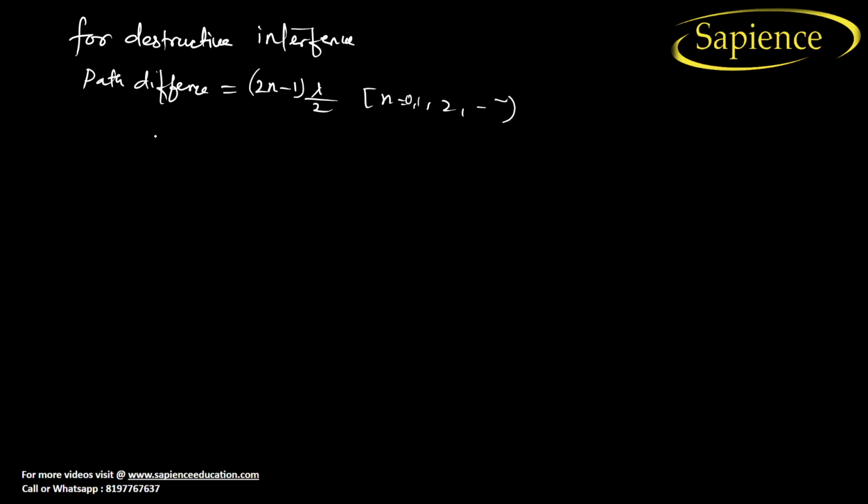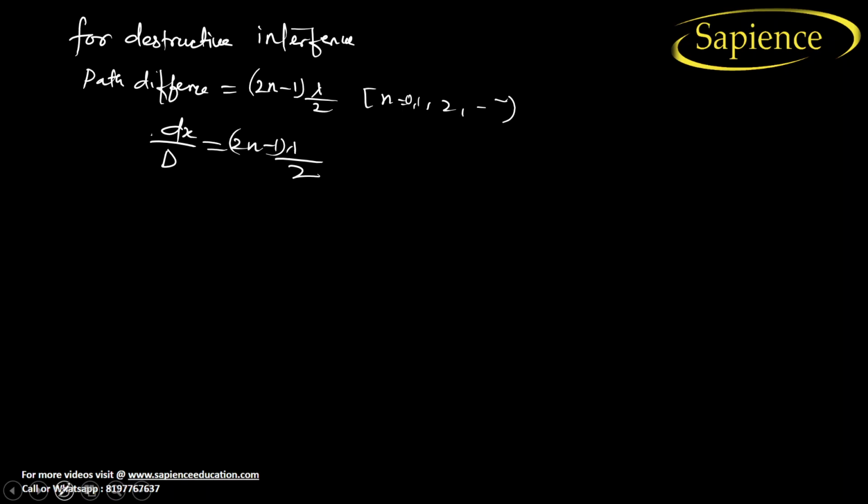And also we have already done that the path difference is equal to dx by capital D, and this is equal to (2n minus 1) into lambda by 2.